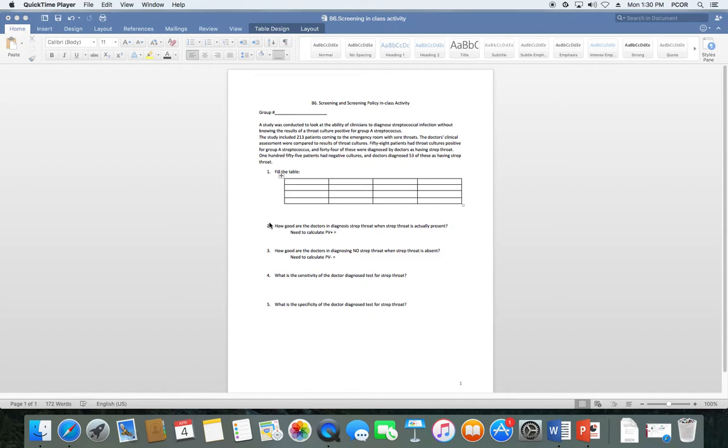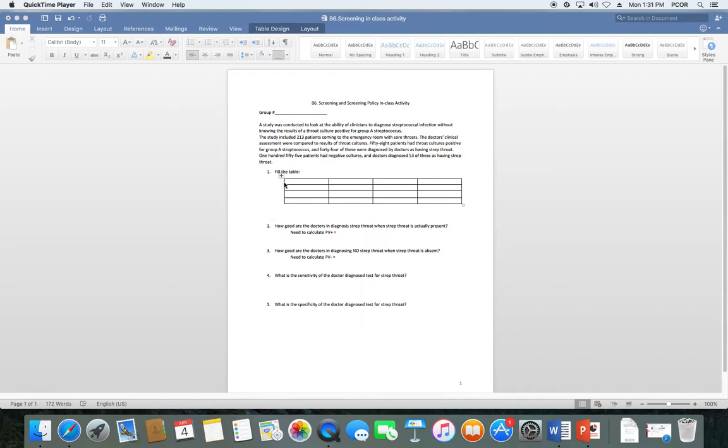And welcome to this portion of the course, applying what you had learned in Module 5, Screening and Screening Process, to be able to solve a problem-solving exercise on positive predictive value, negative predictive value, sensitivity, and specificity of a test.